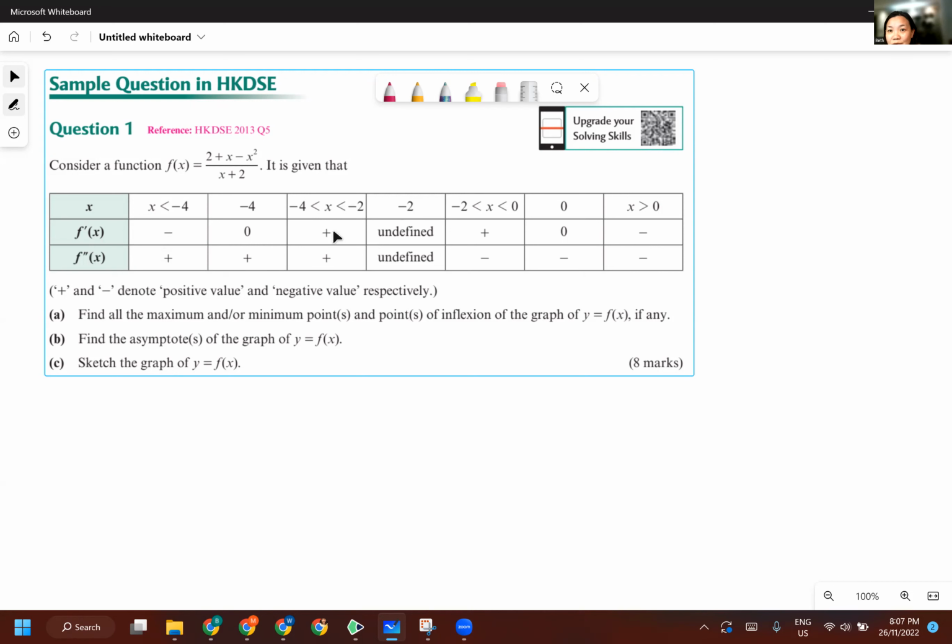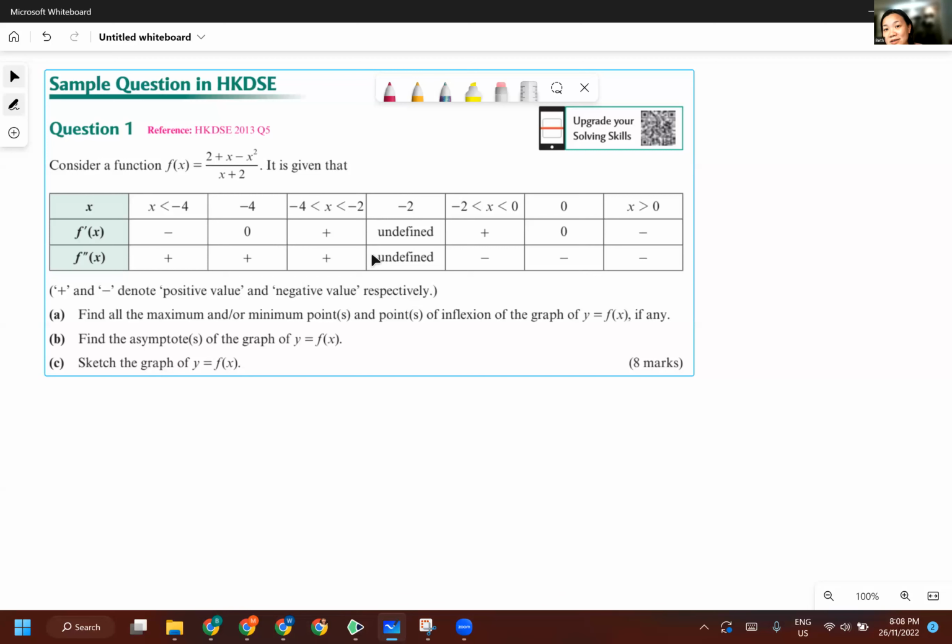Now there is a lot of information contained in this table. For example, you can see at x equals -2, originally the function is undefined, and also the first derivative is undefined, and the second derivative is undefined.